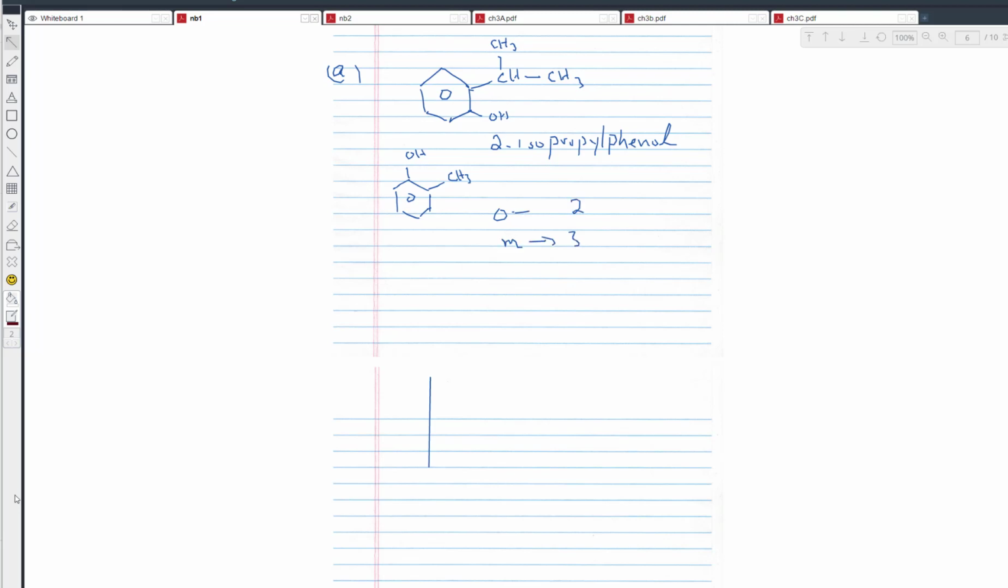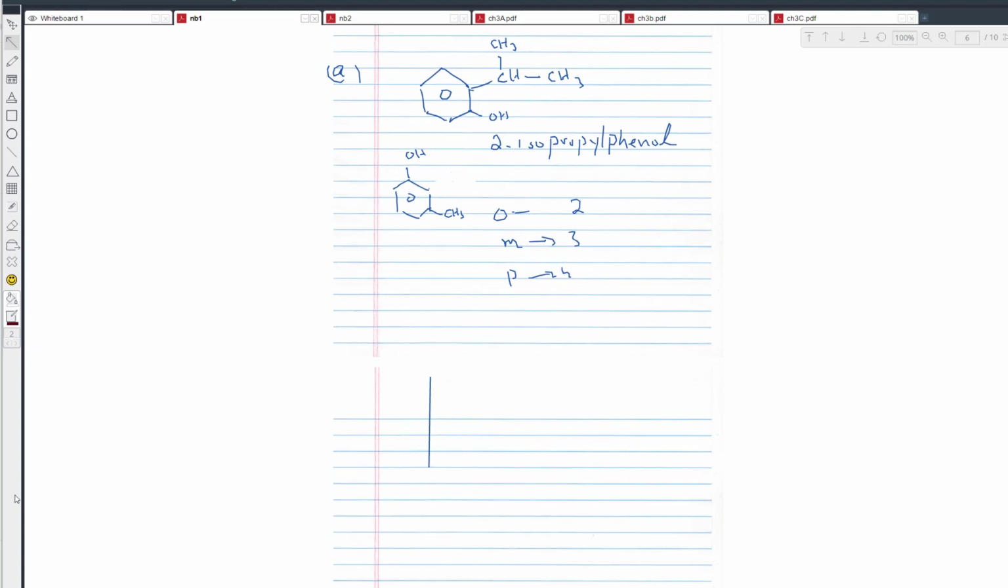Meta means 3 position. Para means 4 position. Ortho means adjacent, just neighbor. And next to the neighbor is meta. It doesn't matter clockwise or counterclockwise. And para is just opposite. So in this case, the meta means it is here. Oh, wow. Okay. So that's not big deal.